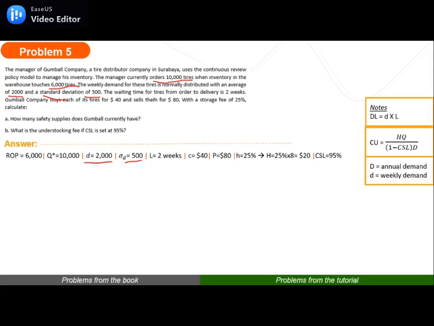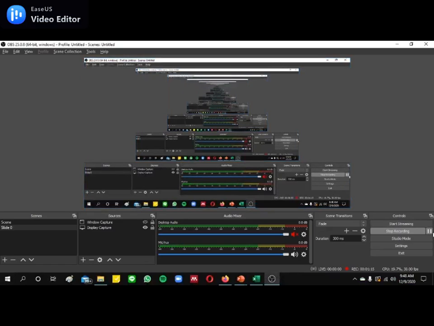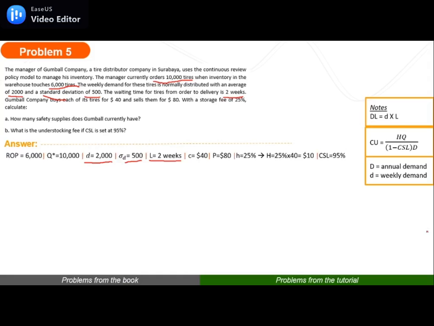And then the waiting time for tires from order to delivery is 2 weeks, that is L. Okay, and then the cost for each tire is 40, and the price to sell them is 80. And the storage fee, or the fraction of holding cost, is 25%.